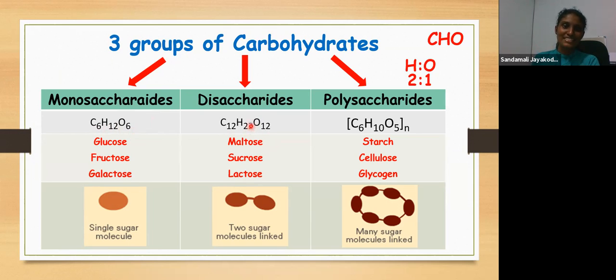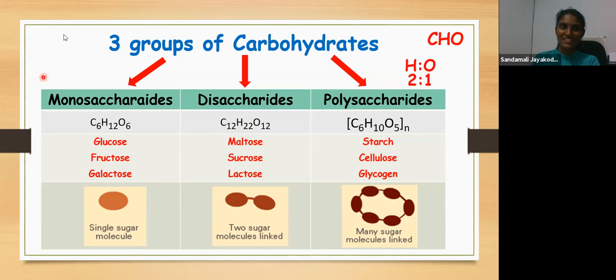But we can't see that here in the disaccharide section. C12, okay, but H24, it's not here, it's 22. Then what has happened? What is the number of H atoms which is reduced?